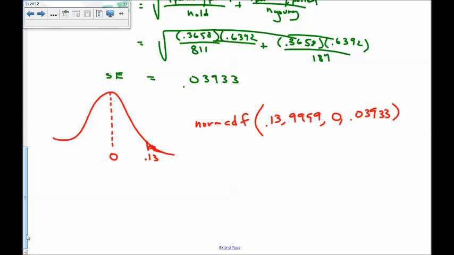Now I grab my calculator and do norm CDF, 0.13, comma, infinity, comma, 0, comma, 0.03933, and I get a value of 0.0004743.